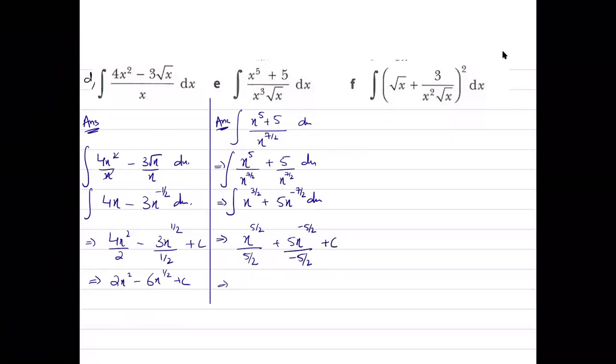So this is going to be 2x to the power of 5 upon 2 upon 5 minus 10 upon 5, that is 2, plus c. This should be your answer.